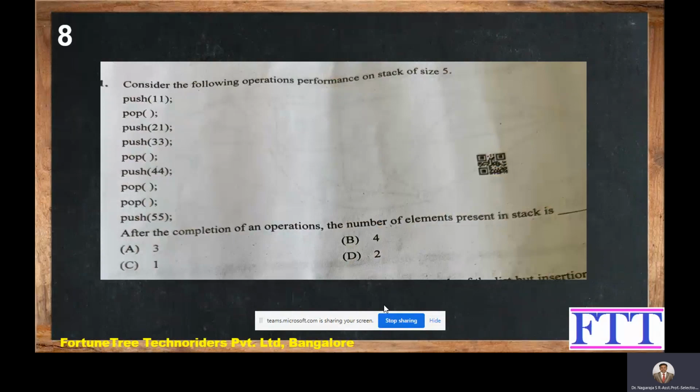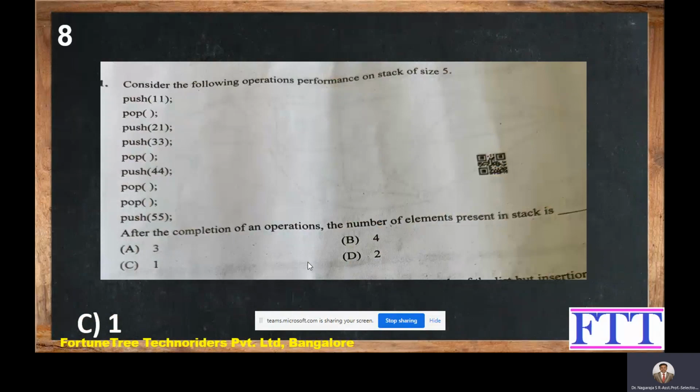We are performing 5 push operations and 4 pop operations, so we pushed 5 elements, then popped 4, and the remaining element is 1. Option A is 3, option B is 4, option C is 1, and option D is 2. So the right answer is: 5 push and 4 pop means only 1 element remains in the stack. So option C is the right answer.